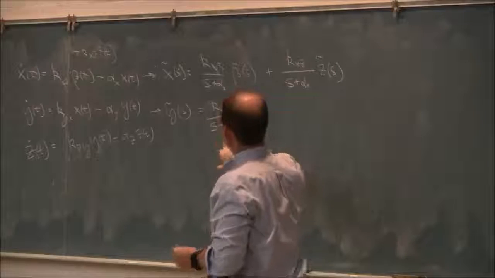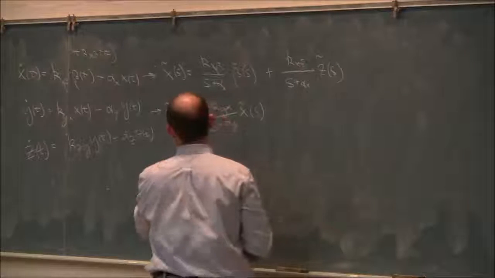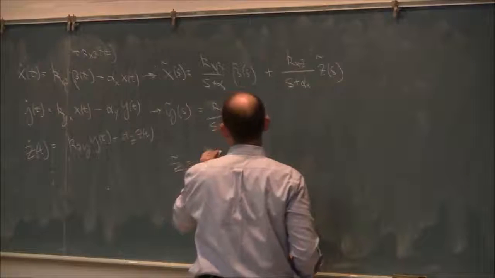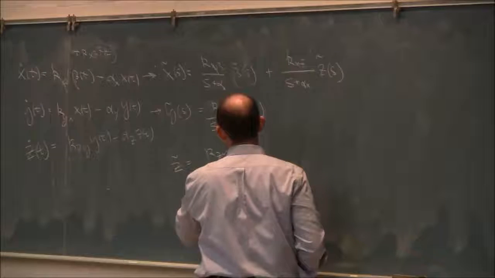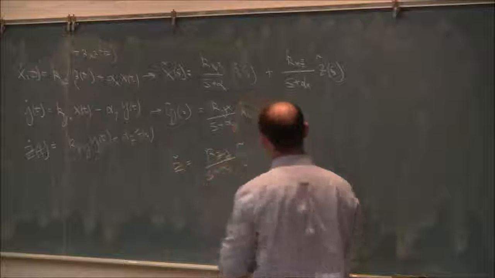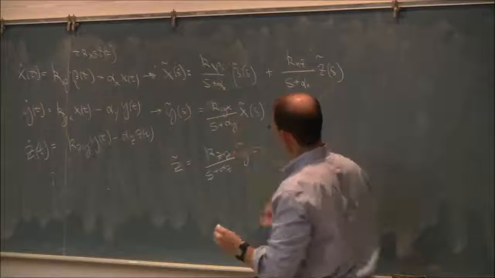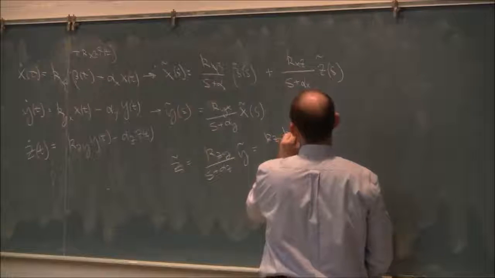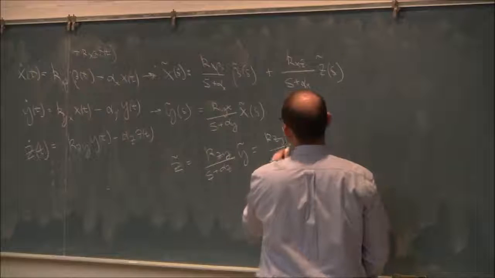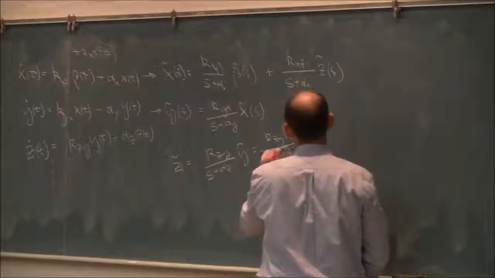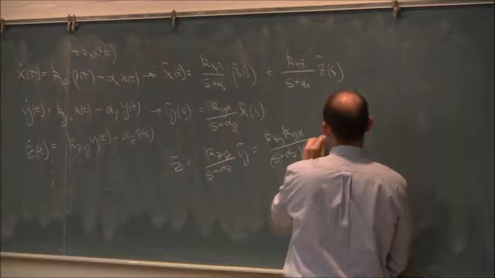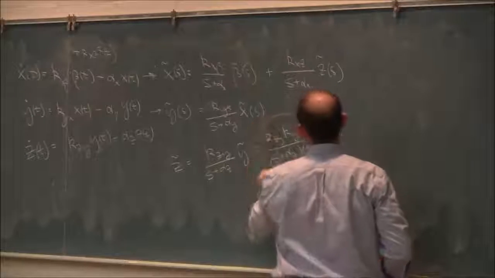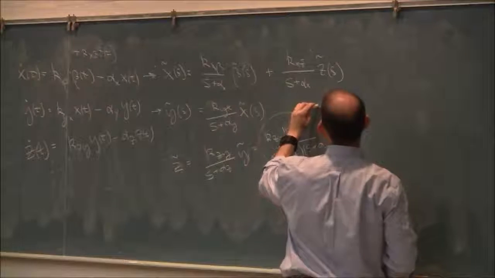So the ODE for Y is the same. Z of s is equal to k_zy over s plus alpha_z, Y. And then we can substitute for Y in terms of X. So we get k_zy, k_yx over s plus alpha_z, s plus alpha_y, X. And then this solution for Z goes here.